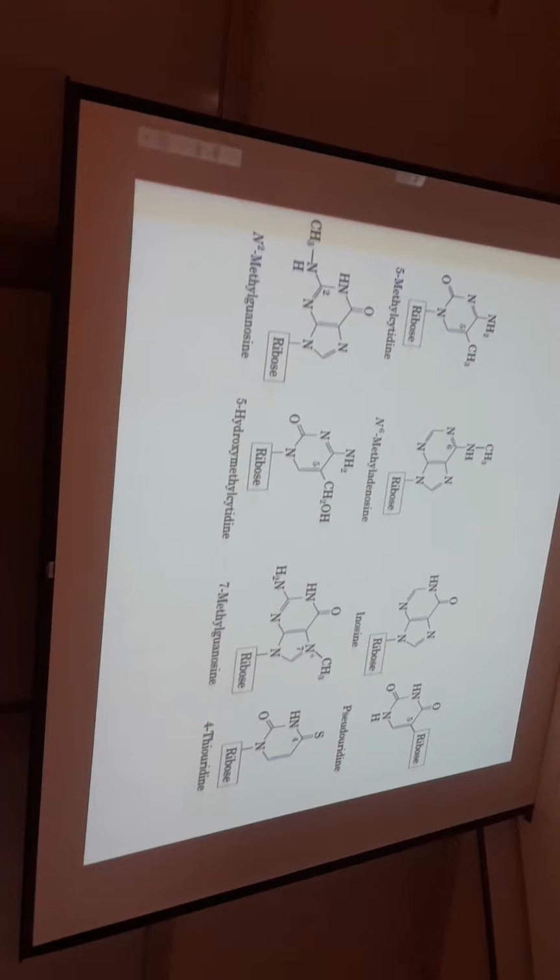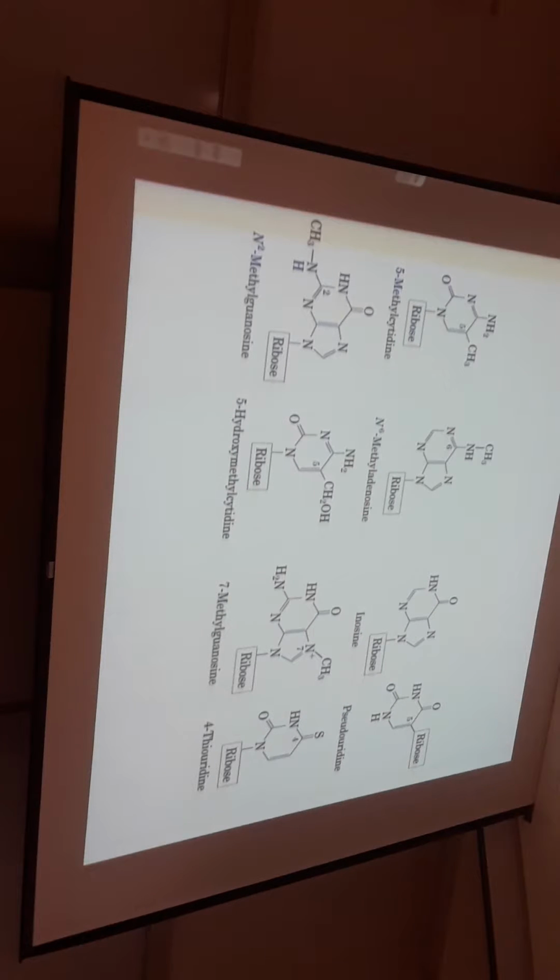This one is a particularly interesting one, the pseudouridine that I mentioned a moment ago. What's so different about this? What's so interesting about this? The nucleoside is shown here, a nucleotide if you phosphorylate it. Isn't the ribose supposed to be on the bottom nitrogen?